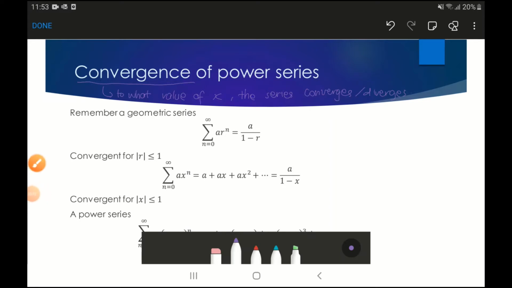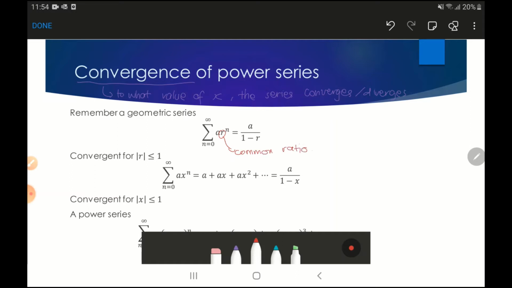The idea of convergence of power series actually comes from the idea of convergence in geometric series. Remember that a geometric series is in this form: the sum of n starting from 0 to infinity of a r^n, and r is the common ratio.